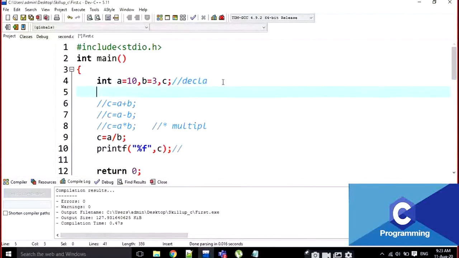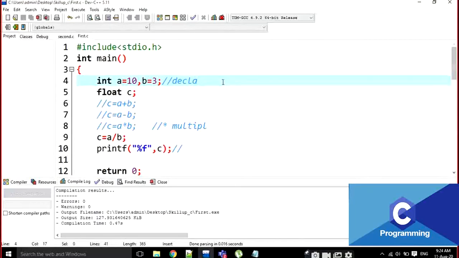For that adjustment, I am going to write float C. For example, I am going to take the value of C as float. Can anyone guess now what the output is? Students: 3.333, sir. It's 3.333.